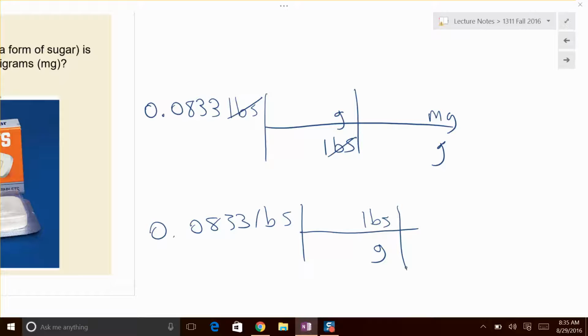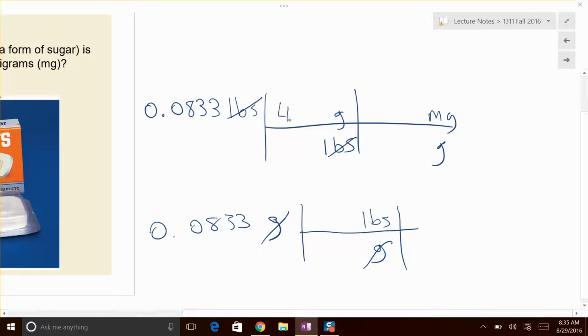Is there ever a situation when I'd use this conversion factor in this way? What would I be starting with if I was using it in the way that I have it written here? I would need to start with grams. Now I can convert it to pounds. Okay? I get rid of my grams. It's the same numbers, the same conversion factor. I'm just using it in the opposite way because I'm starting with the other thing, right? But the numbers don't change.